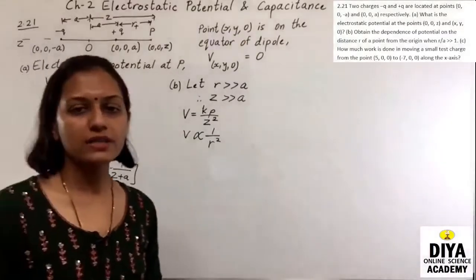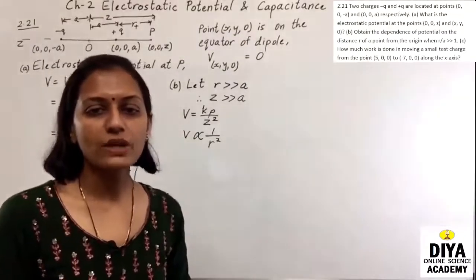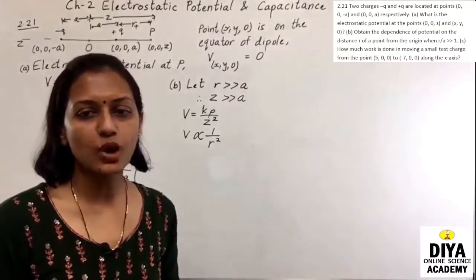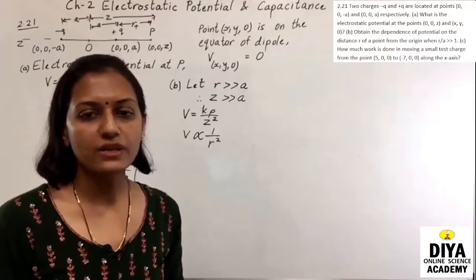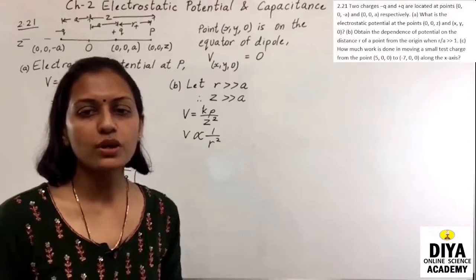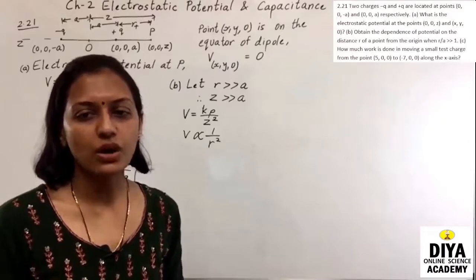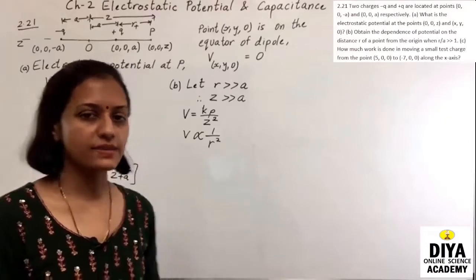Now point C, question C. How much work is done in moving a small test charge from the point 5, 0, 0 to minus 7, 0, 0 along the x-axis?